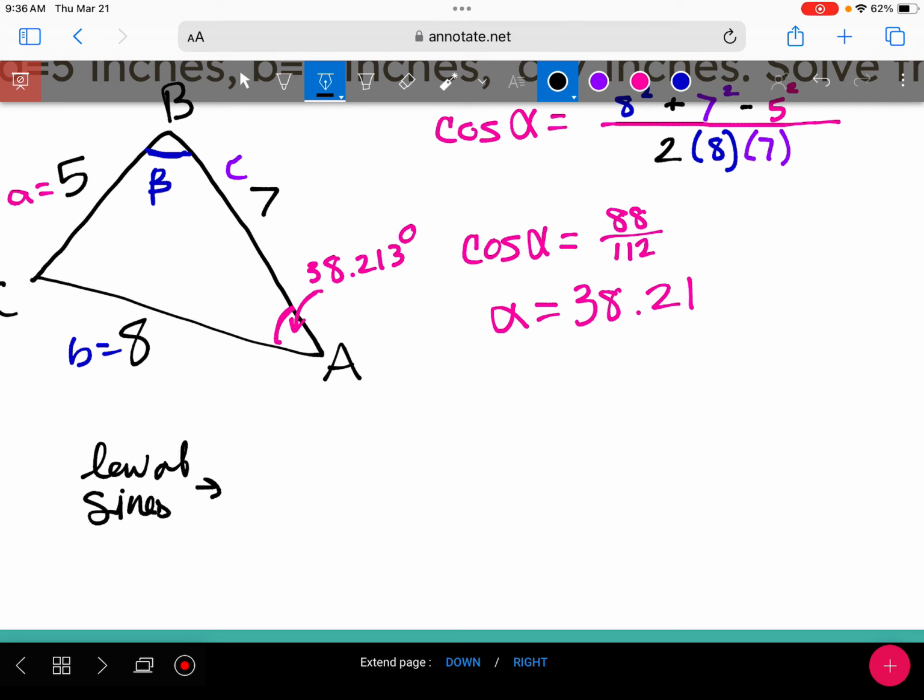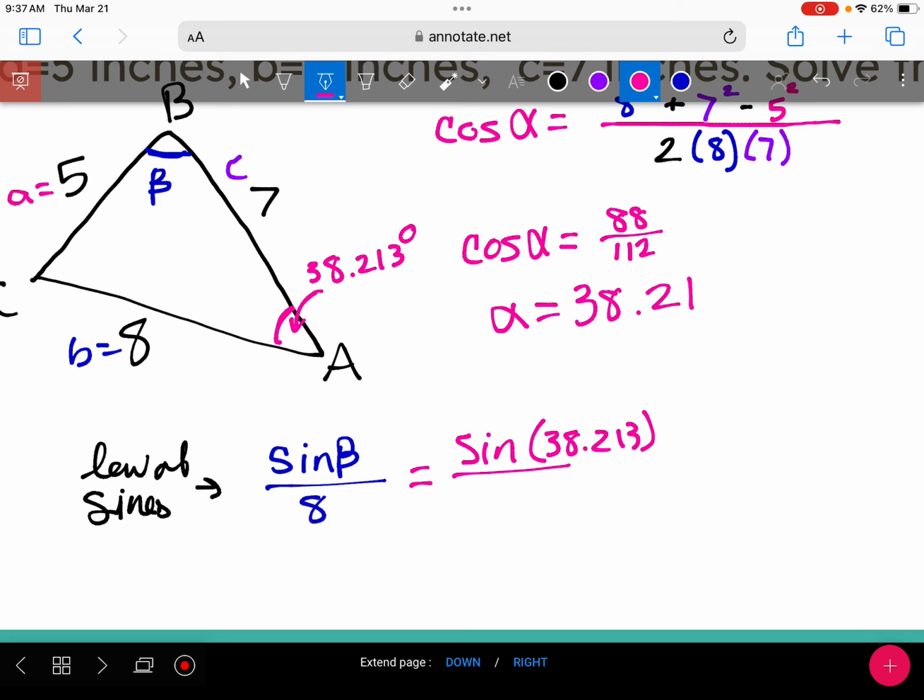We're going to use law of sines since I know an angle. Since I know two sides and I know my angle, we're looking for sine of beta over 8, and that's going to equal sine of our 38.213 over 5. So we can use our law of sines again, because honestly, it's easier.